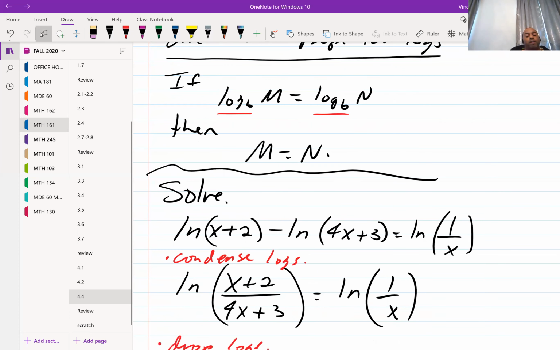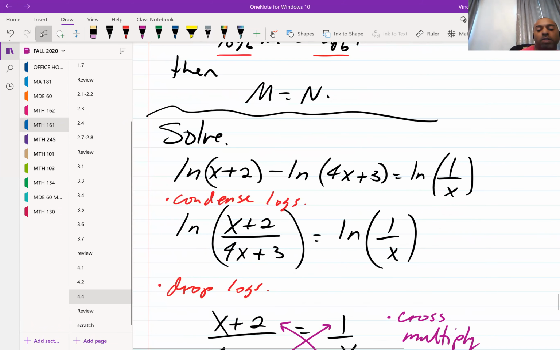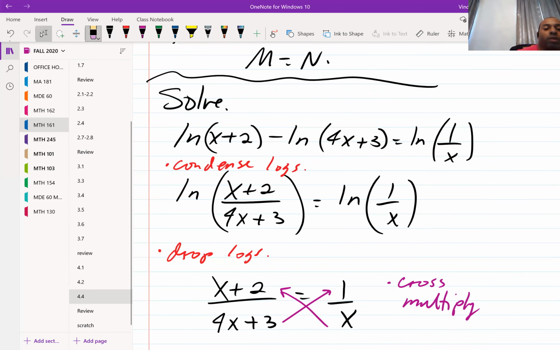Since it's subtraction, I can bring it together using division. So it's x plus 2 over 4x plus 3 that's being applied by the log on the left side. The right side I can leave alone. But now I have one single natural log on both sides of my equation, so I can drop the logs. That leaves me with just x plus 2 over 4x plus 3 equal to 1 over x.